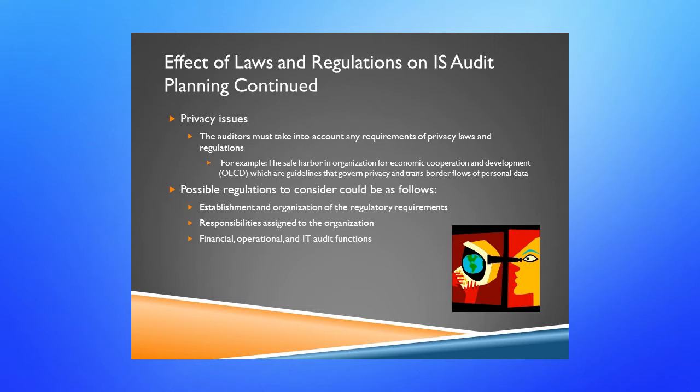Now, some of the regulations that you should consider could be things like the establishment and organization of regulatory requirements, the responsibilities that are assigned to the organizations, and any financial, operational, and other IT audit functions that would fall underneath those regulations. Now, there are two major areas of concern when we're talking about these regulations.